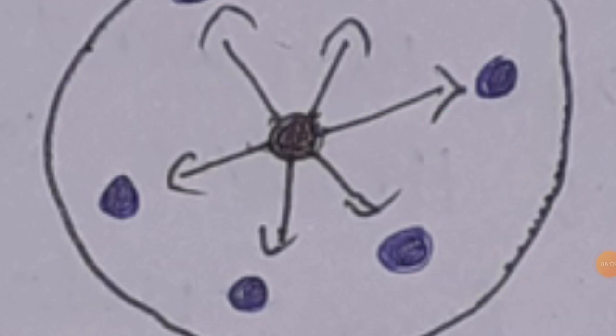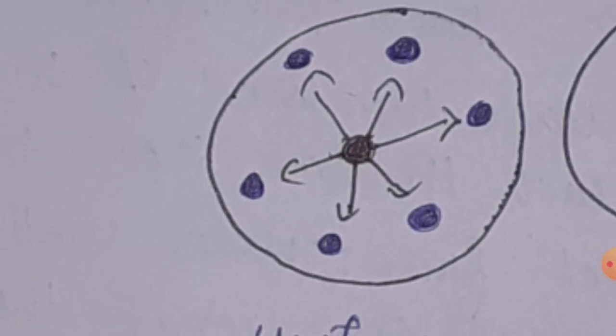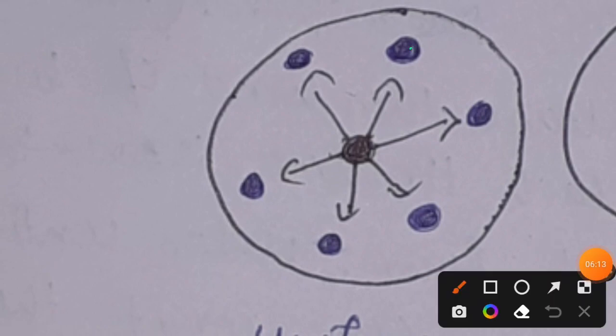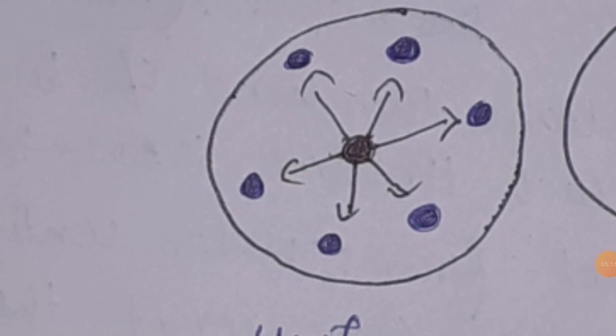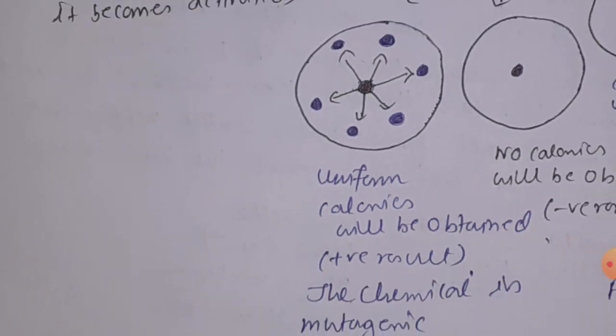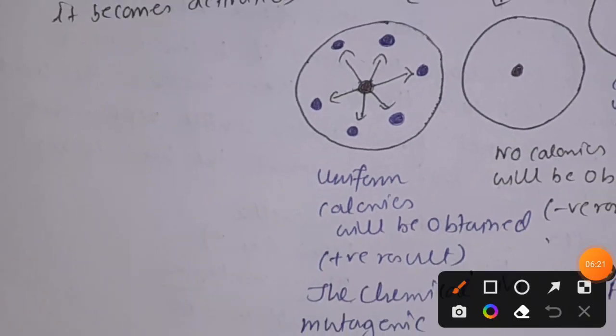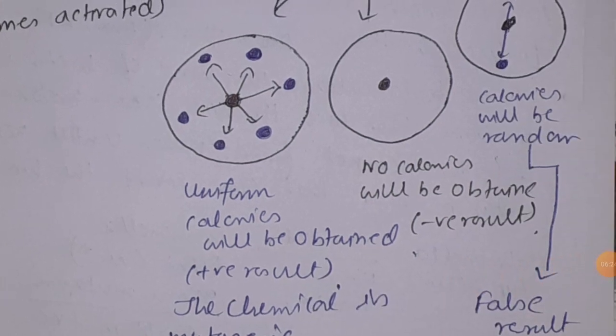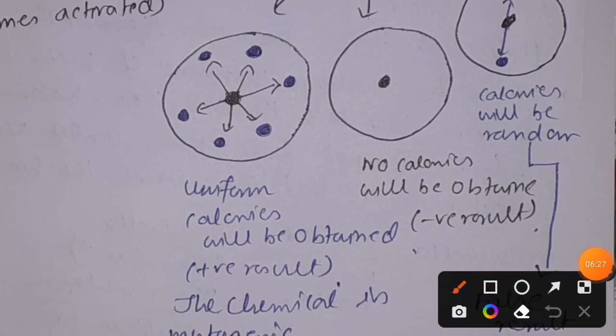If you get multiple colonies in the petri plate, then you can conclude that the chemical is a mutagen. But if we do not get any colonies, then you can conclude that your test is negative.